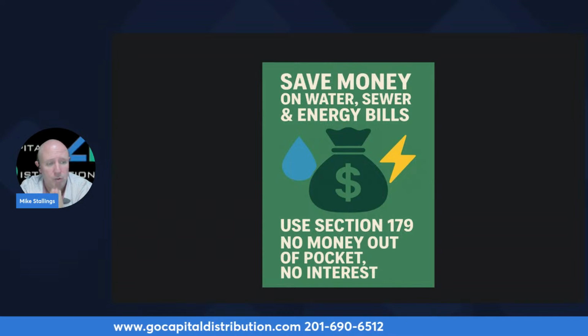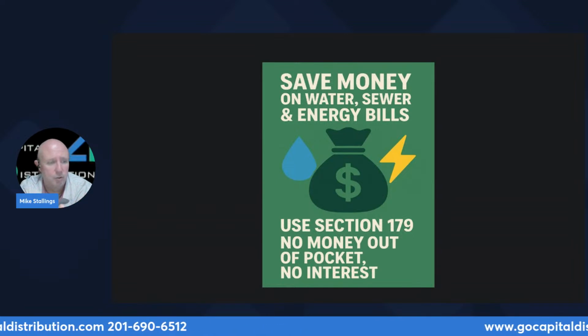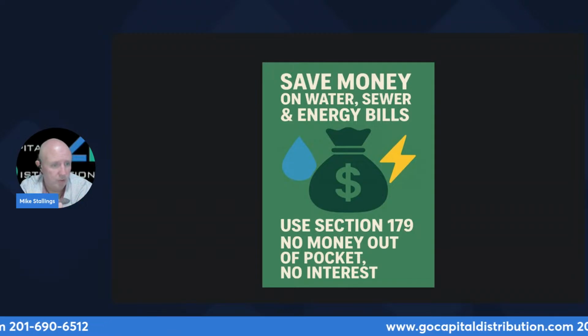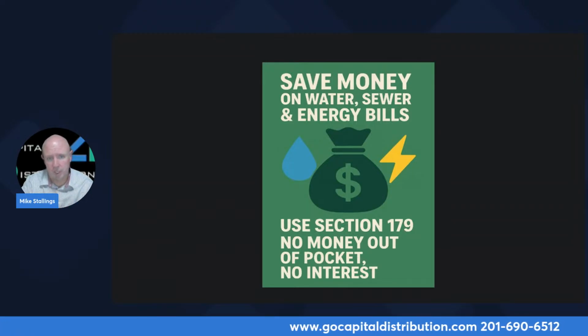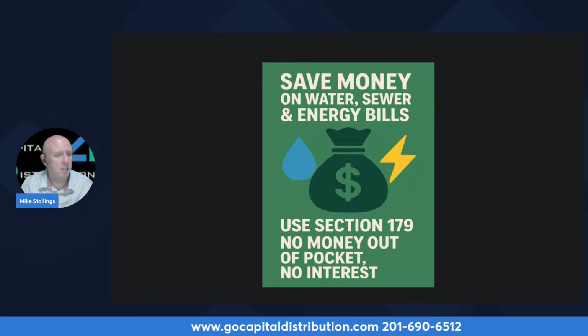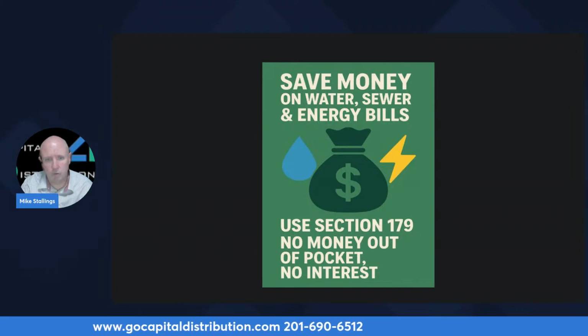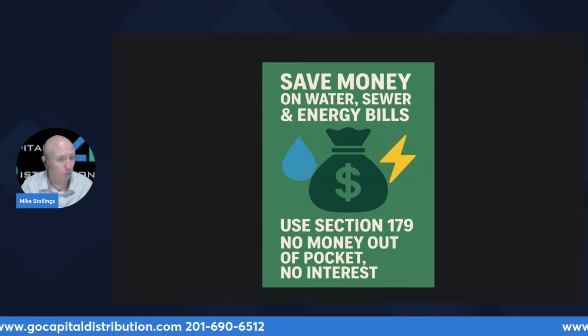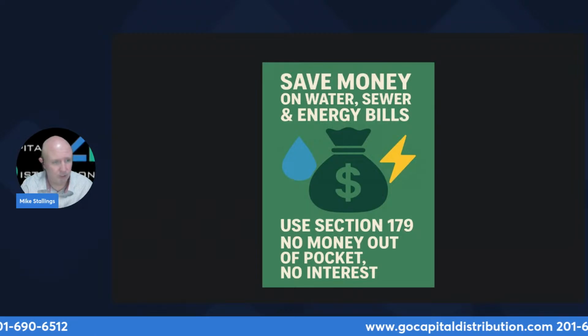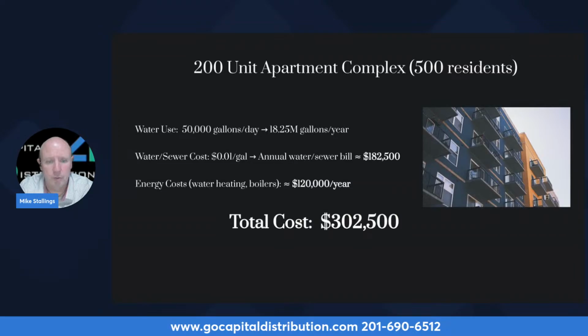We talked about the bang for your buck before about combining 179 and 0% financing. This is the trifecta. If you can save money on your water and sewer, save money on your energy, not put any money out, including for the installation of these solutions, and get the tax deduction, this is the no-brainer of no-brainers.